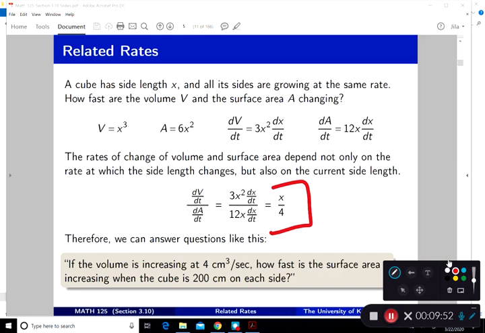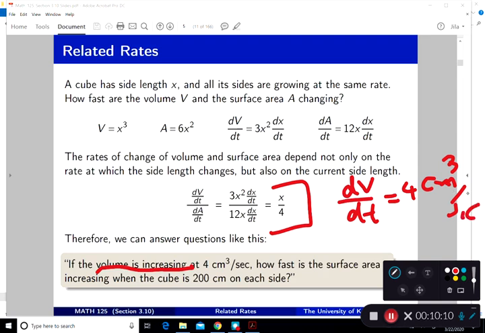So this is giving me, what is it giving me? It's giving me the rate of change in volume. So it's giving me dV/dt is 4 cubic centimeters per second. And it's also giving me 200. What's that 200? 200 is the x.